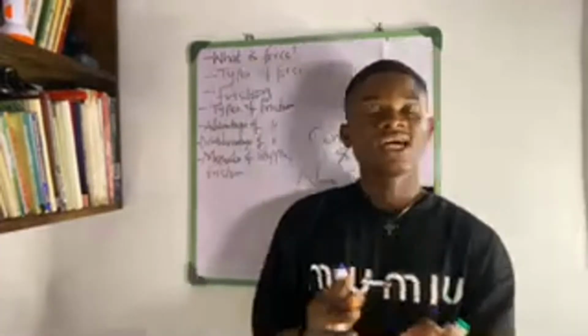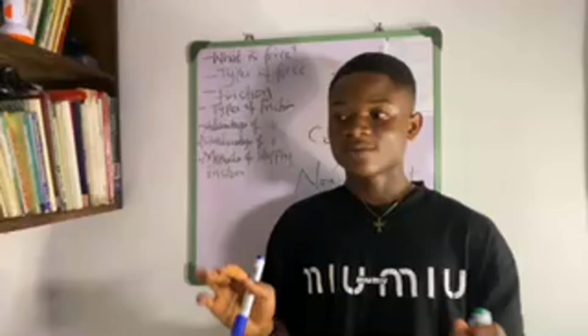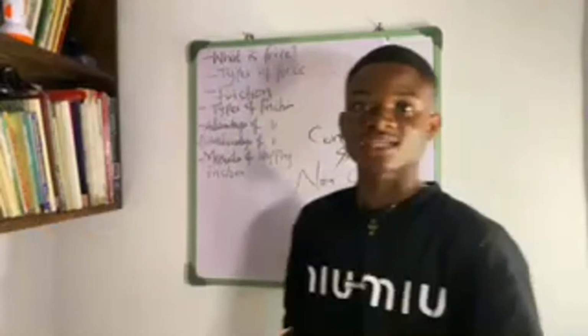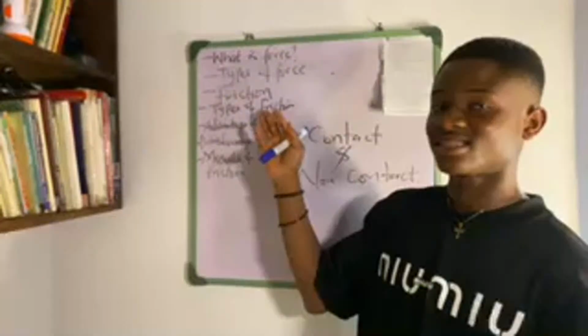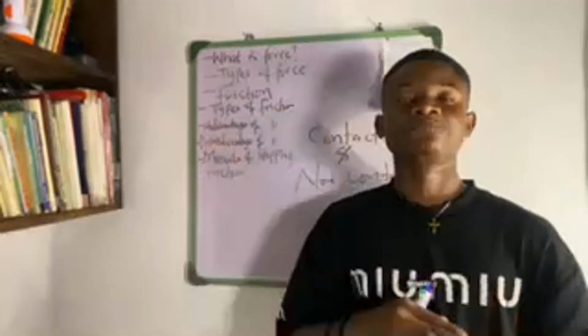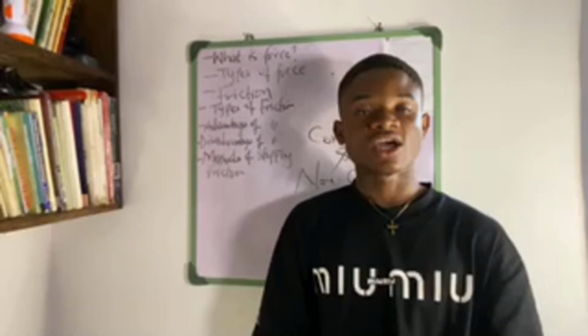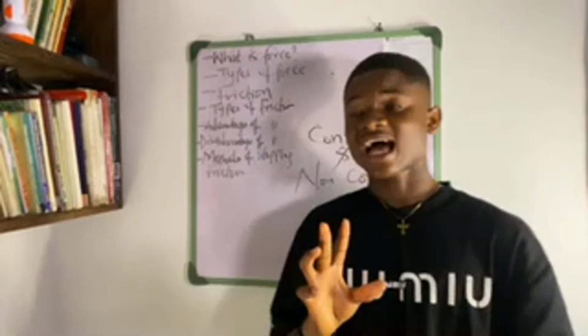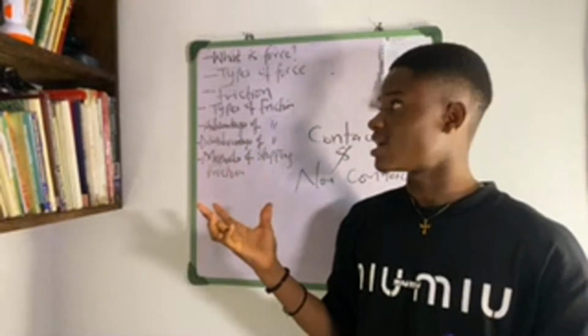Examples of contact forces: the push and pull force, for example, when you push somebody, or when you pull, there's contact. We have the frictional force, which is what we'll be talking about today. Then we have the force in a spring, in a spiral spring, or in a rope. All these are contact forces. We also have tension force.